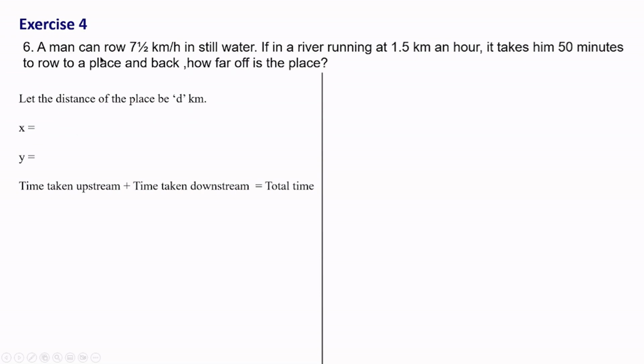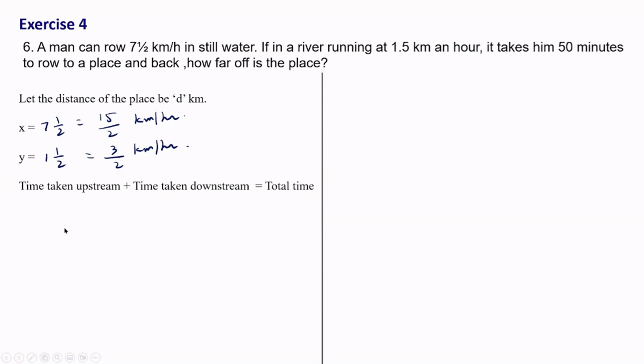Then the speed of the man in still water is 7.5 kilometers per hour. So x is 7.5. It is nothing but 15/2 kilometers per hour. Then y, the speed of the river, is 1.5 kilometers per hour. It is 3/2 kilometers per hour.